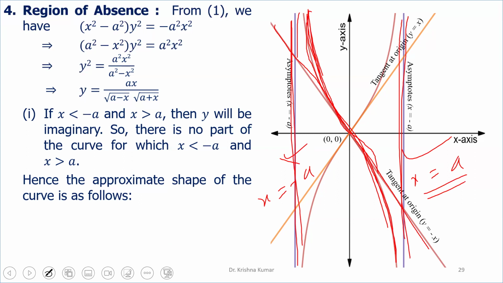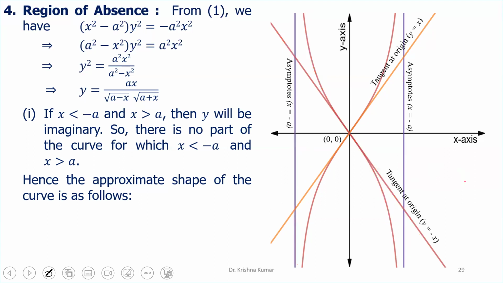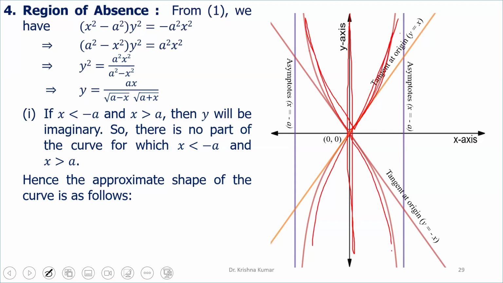Just look here, since it is symmetric about the x-axis, what we are getting on the upper side, we are getting on the downside also. Similarly, this curve is also symmetric about the y-axis. So if we fold along the y-axis, we get the same type of curve, and the two halves overlap each other. So the curve is symmetric about the x-axis as well as the y-axis. So this is the approximate shape of the given curve. Thank you.